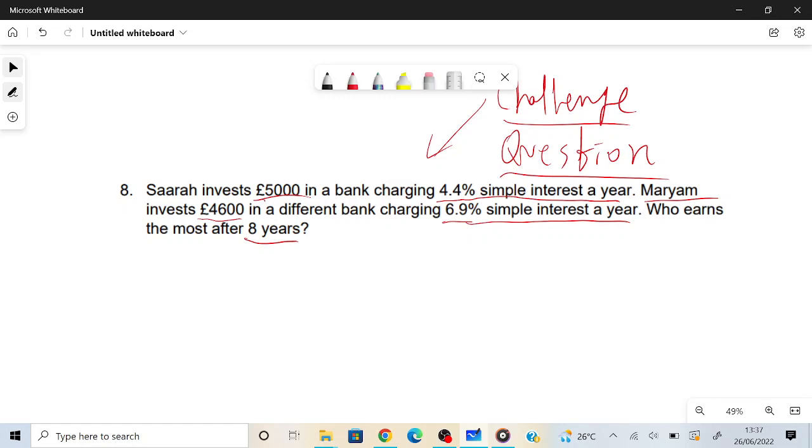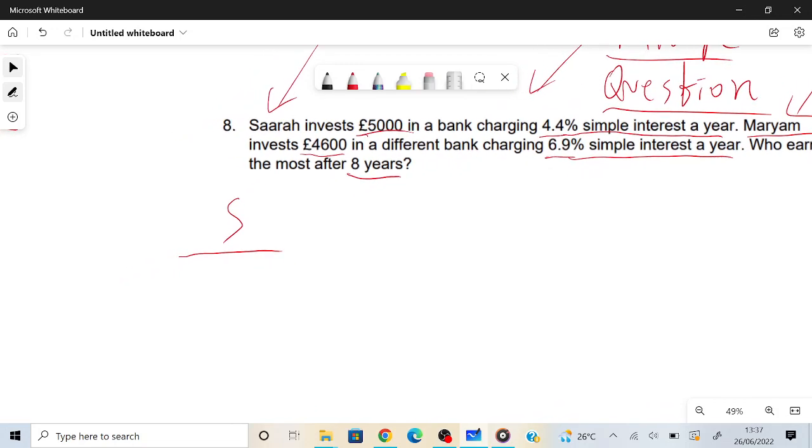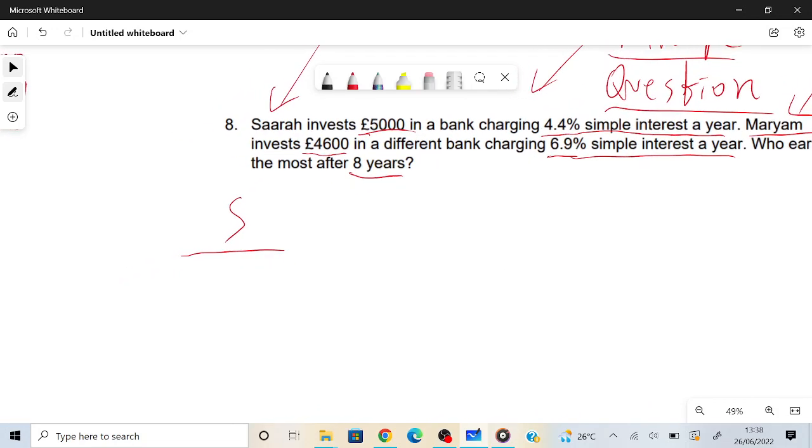So, in this question, as we can see, we have two different people to look at. We have Sarah, we need to take care of, and we have Miriam to take care of. So let's do them separately. Let's have a look at Sarah first. Let me represent Sarah with S. For S, for Sarah, we need to know our P, we need to know our R, we need to know our T. Our P for Sarah is £5,000 because that's what she invested.